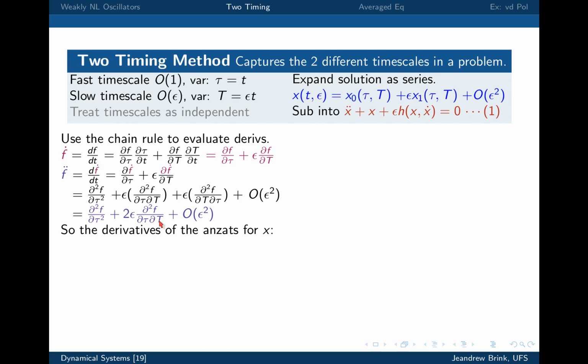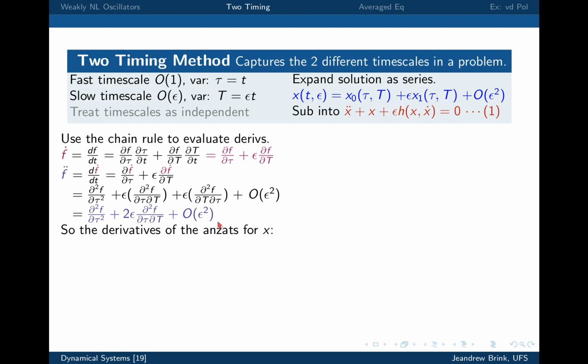So you can see the tricky part of this whole expression is writing these time derivatives out, taking into account that you have a fast and a slow time. And so I strongly encourage you to actually do this at least once so that you can do it on your own.